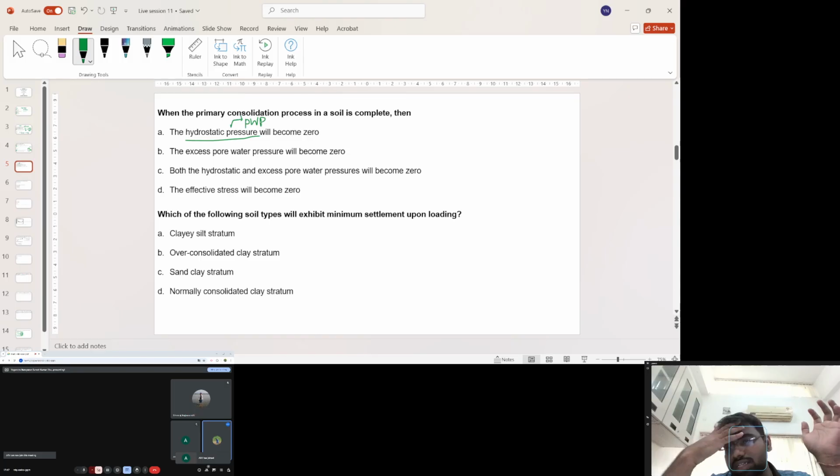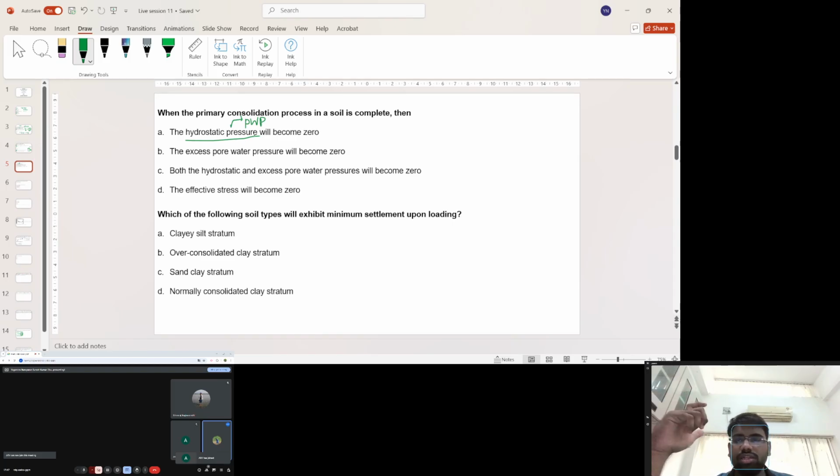There will be some initial pore water pressure existing before the application of load that will remain there, but due to the application of load, an excess pressure will develop, and based on the drainage conditions, that pore water will expel. So only the excess pore water pressure will become 0, and effective stress will never become 0.